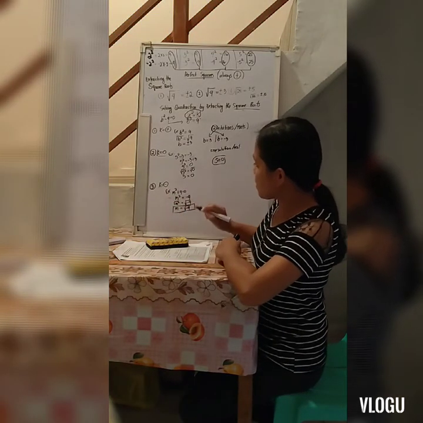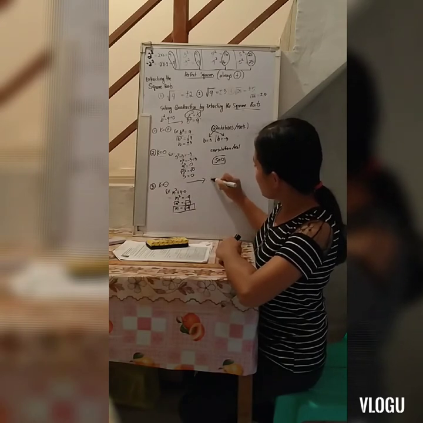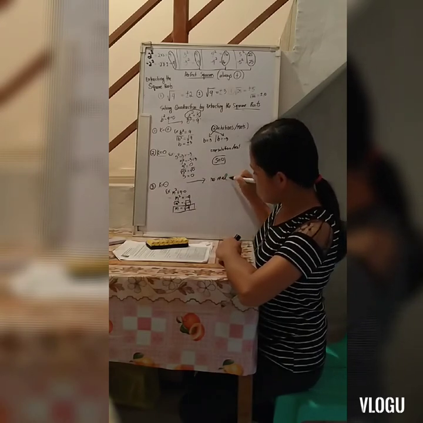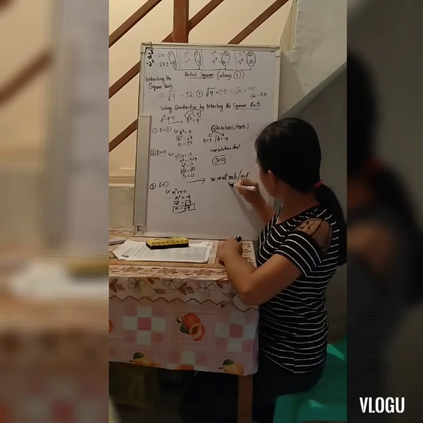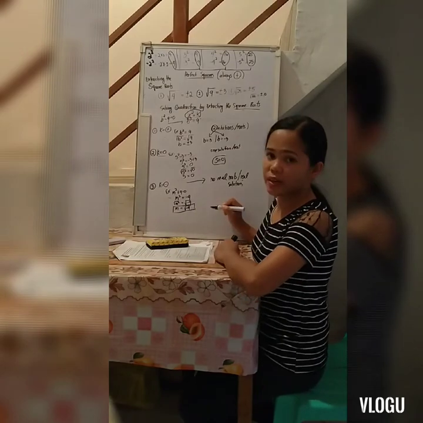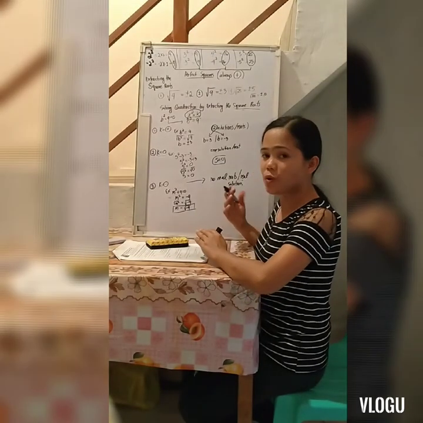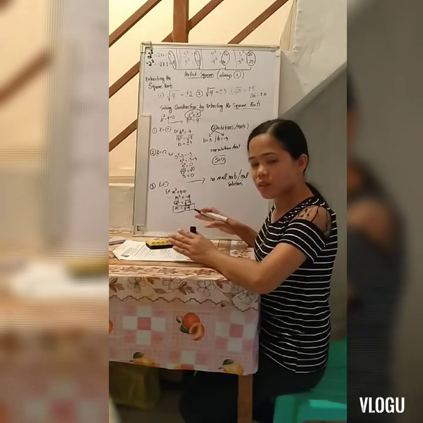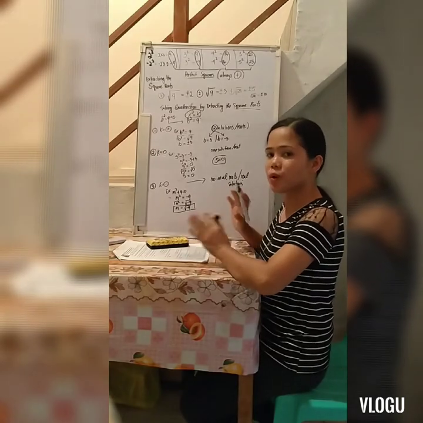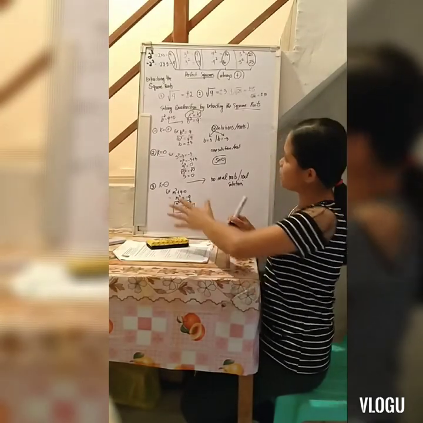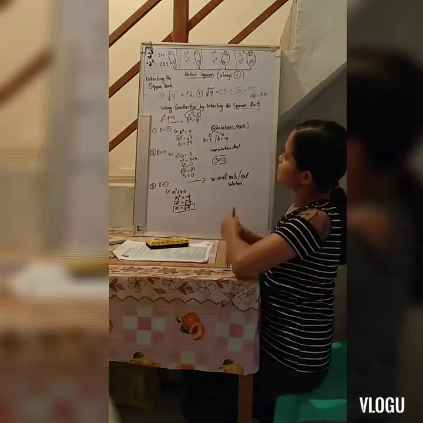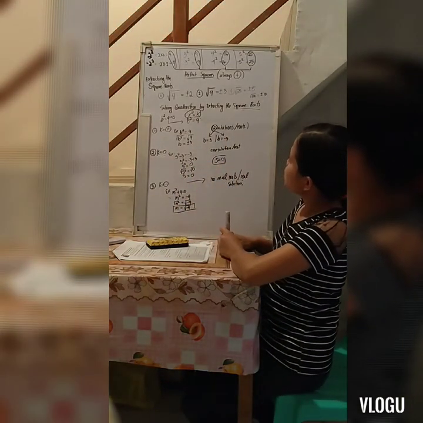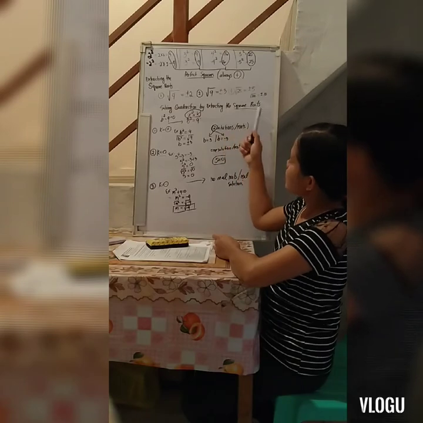If your k is negative, then you have no real roots or real solutions. It's imaginary. Later on as we go through our lesson, if you stay with me, then you will know what is imaginary. Again, these are the cases when you do the method extracting the square root.